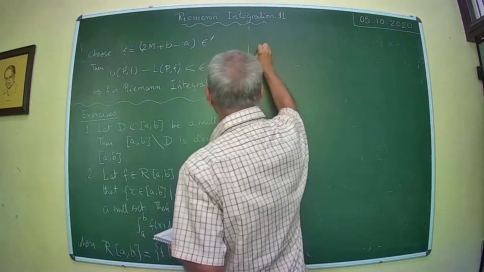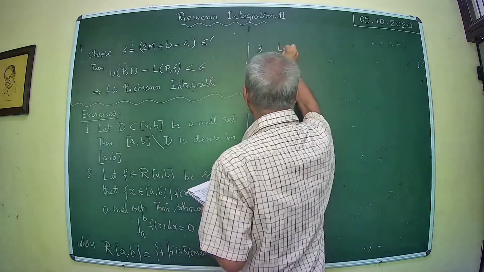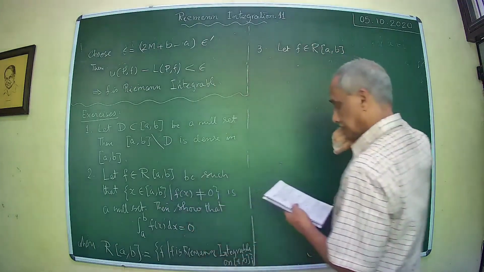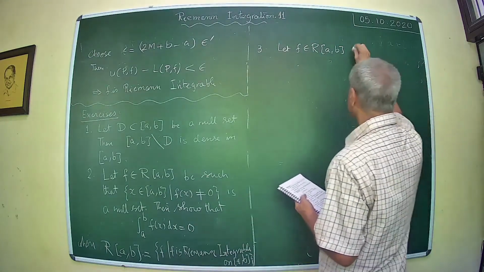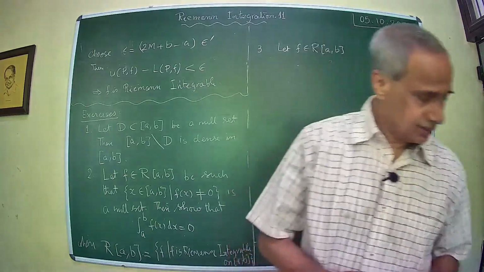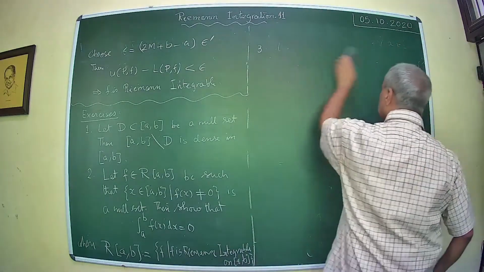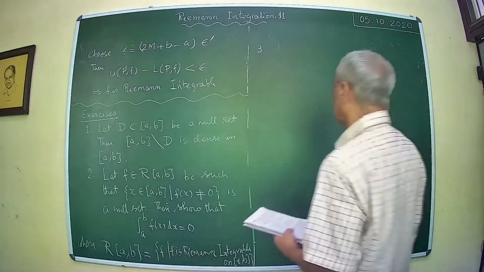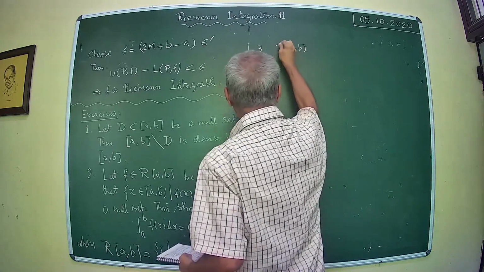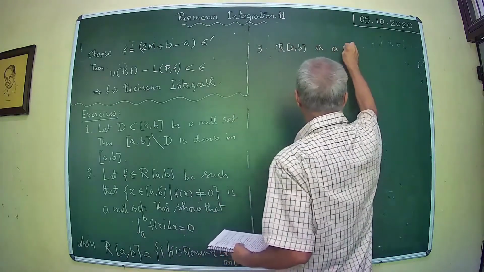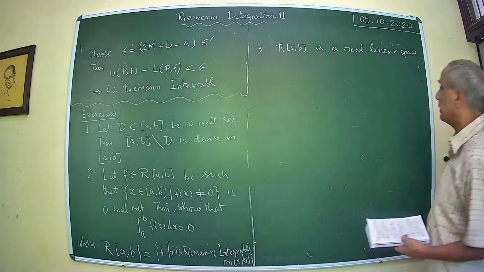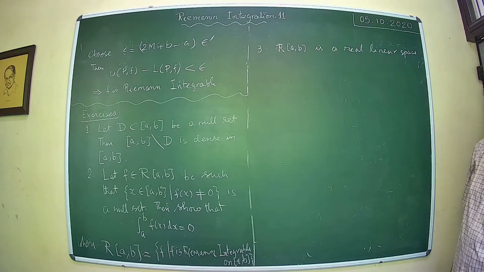The next problem that you want to show is that a real linear space means a linear space over the field of reals.